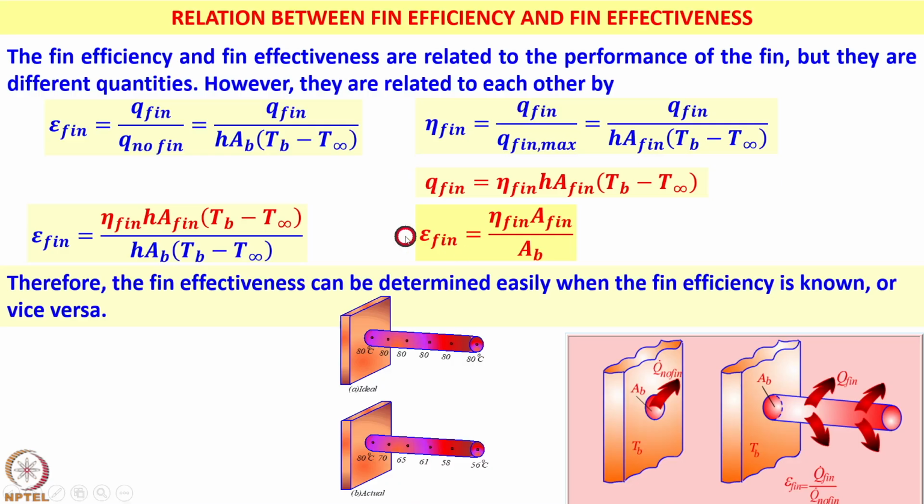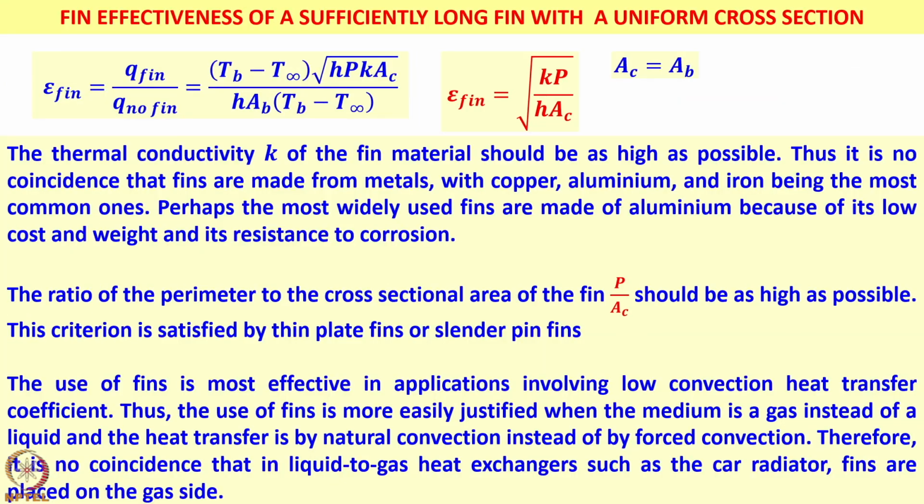This is the maximum fin efficiency if the whole fin is sitting at the same temperature, then only maximum fin heat transfer takes place, but the actual fin is having this. So this is Q no fin and Q fin; this is comparing the fin efficiency, this is giving the fin effectiveness. So we are now able to get the fin effectiveness once you get the fin efficiency.